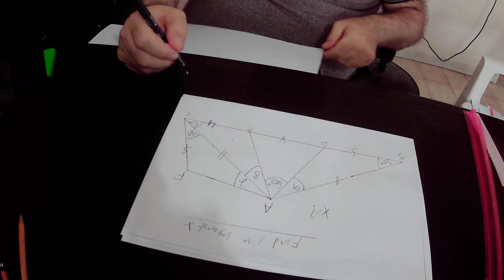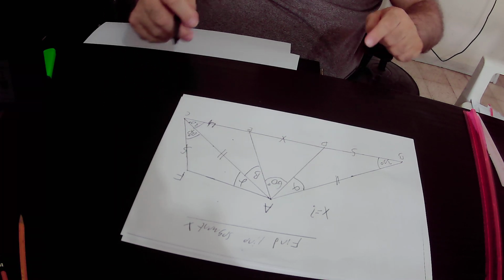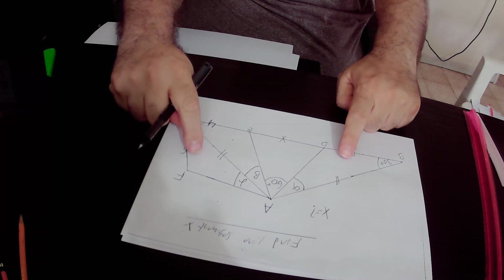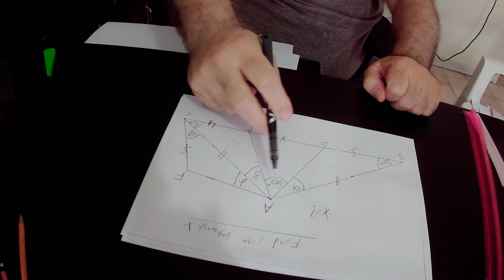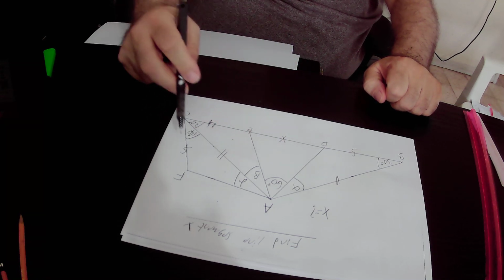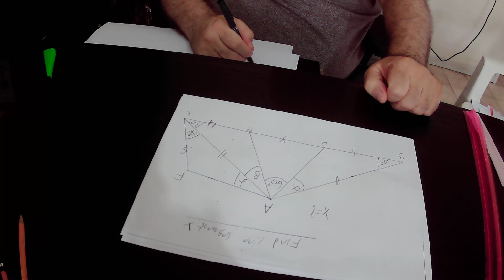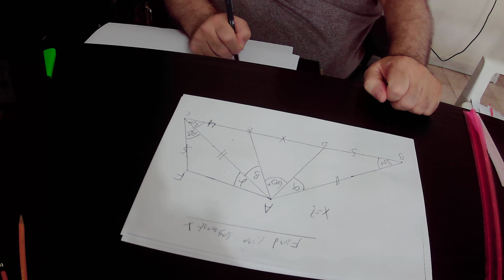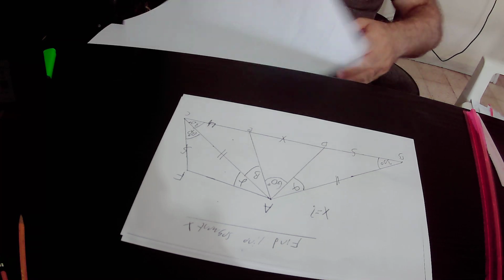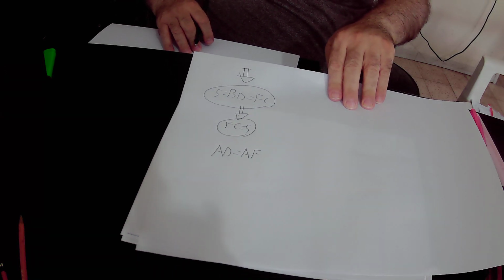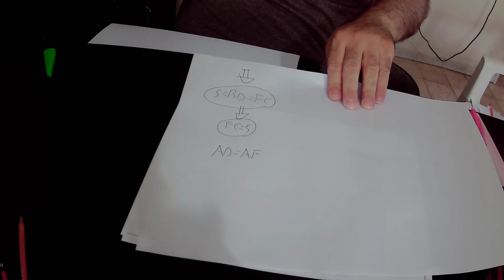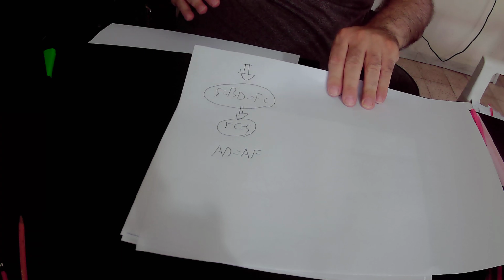In addition, the second thing that we'll conclude from the fact that those two triangles can go into each other is that side AD equals side AF. AD equals AF according to the same rule that corresponding sides in congruent triangles are equal to each other.